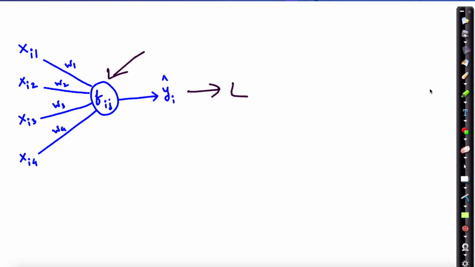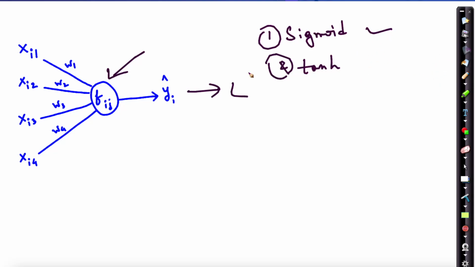So now let us see why the sigmoid function. We will talk about two functions here. One is the sigmoid and number two is the tan h. These two functions are very much used when it comes to neural networks. We'll talk about these two, and why they are used.